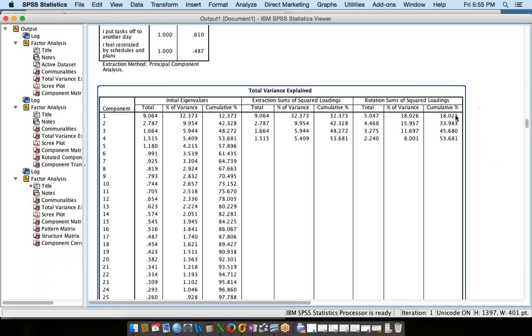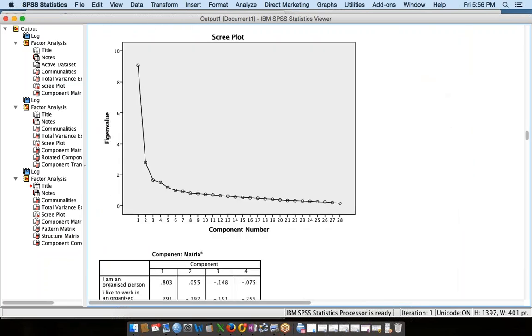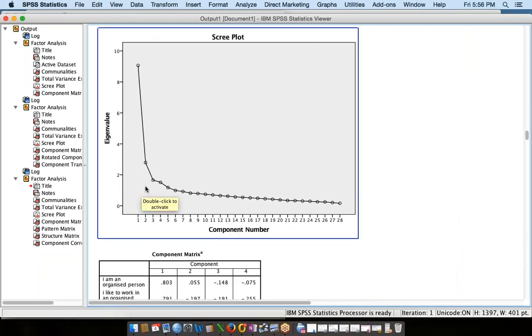Your third criteria is that you're hoping to achieve 70%, which you didn't. So you can just note that. It may suggest more factors. Your scree plot, here's where I would say the break is 3, including the elbow. So that's your fourth criteria.